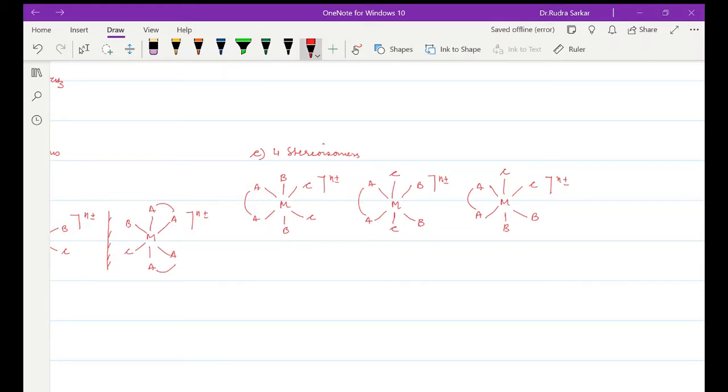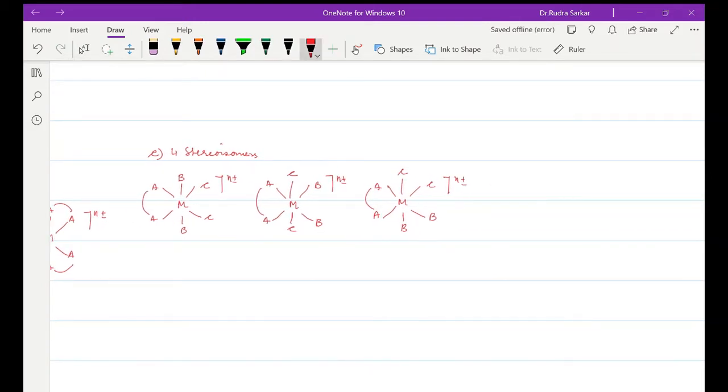And as we can see, this particular molecule has no plane of symmetry, I mean this one. So we will say there will be a mirror image for it. So this is all cis. This is having C trans. This is having B trans.